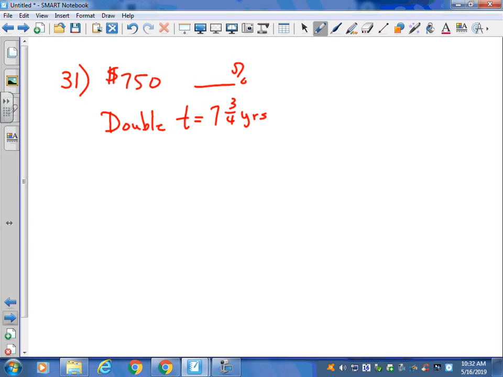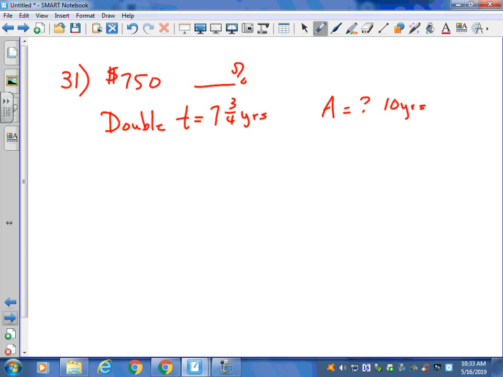And the other thing that they told me is they want me to figure out again how much money I have in 10 years. So what's the account balance after 10 years? Well, in order to figure that out, I have to have R, T, and P, right? And I don't have one of those. I don't have R. So my job will be to figure out what R is with this double problem, because that's the only one they gave me the number for.